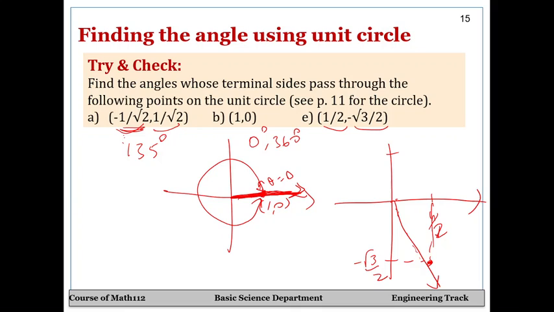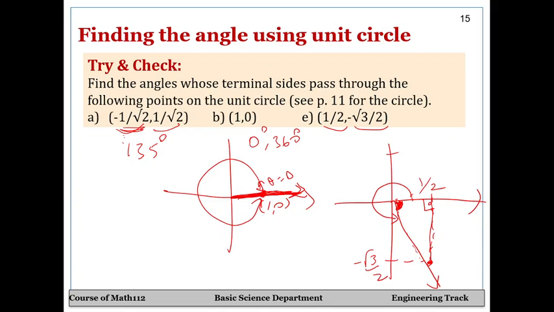It has to be 300-something for sure. Let's look at the triangle here. What does this angle have to be?